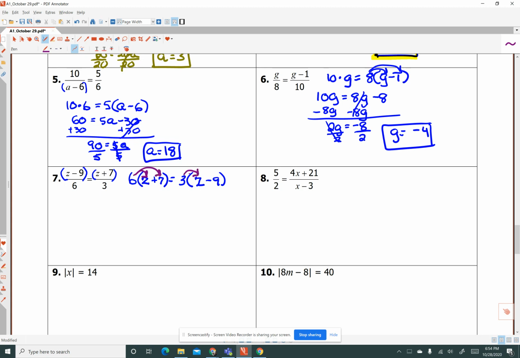And we do that on both the right and left side of the equation. 6Z plus 7 times 6 is 42, and that will set equal to 3Z, and 9 times 3 is 27. That's a negative 27. So let's subtract 3Z from each side.